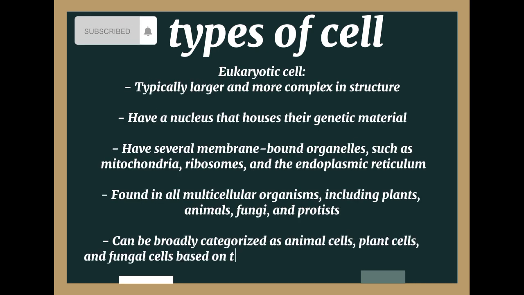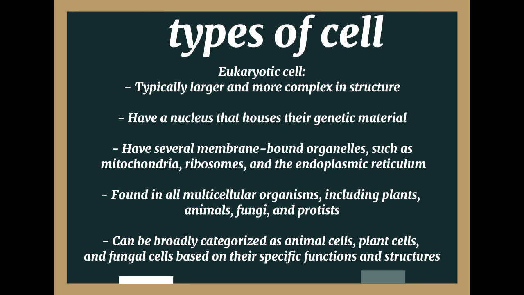Eukaryotic cells, typically larger and more complex in structure, have a nucleus that houses their genetic material, and have several membrane-bound organelles such as mitochondria, ribosomes, and the endoplasmic reticulum. They are found in all multicellular organisms, including plants, animals, fungi, and protists, and can be broadly categorized as animal cells, plant cells, and fungal cells based on their specific functions and structures.